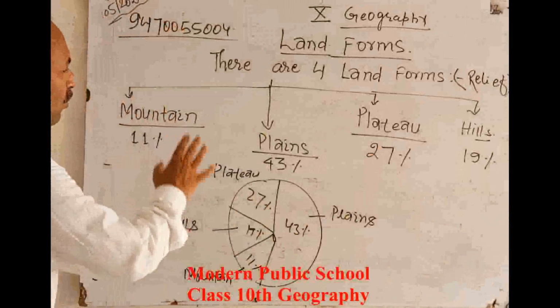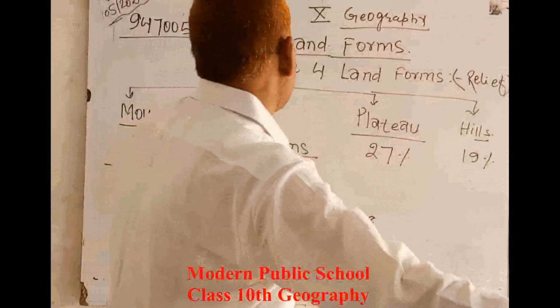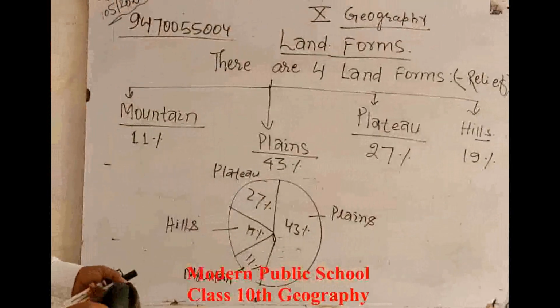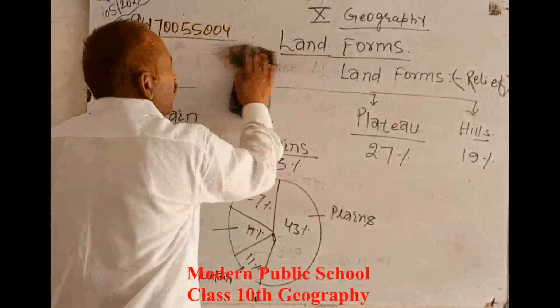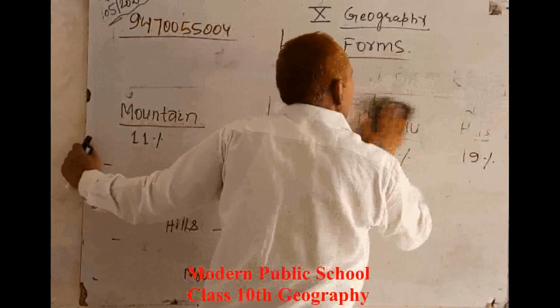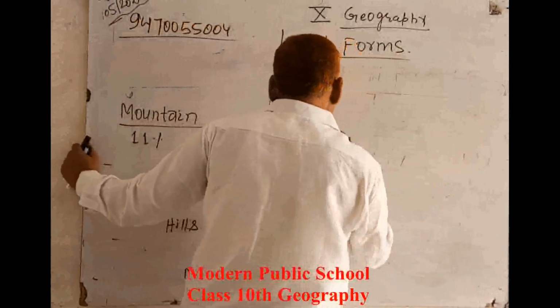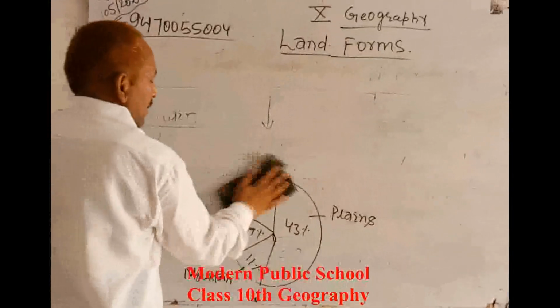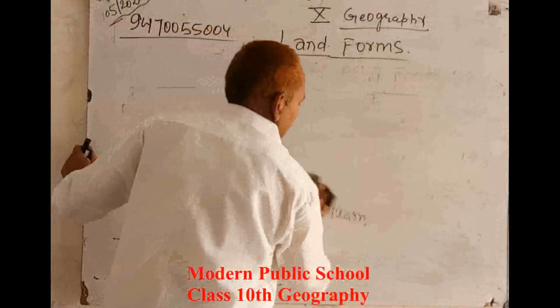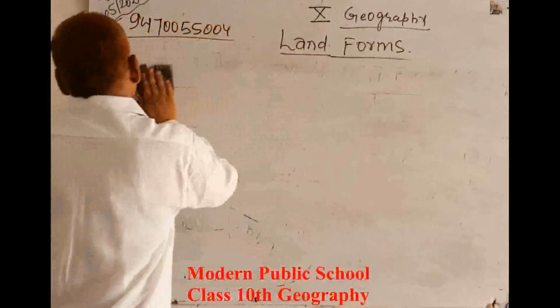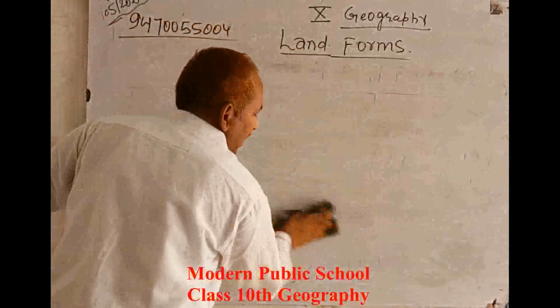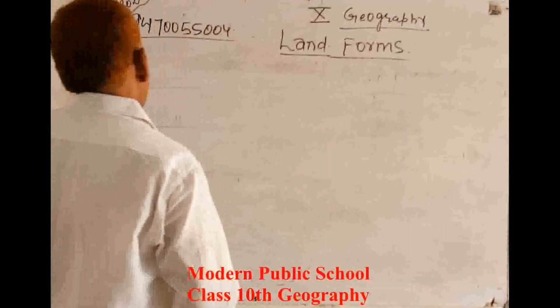Okay, and now we learn what are the features and how these are important for us. अब हम एक और टेबल बनाएंगे और उस टेबल से हम इसको समझेंगे कि what are the features of the landforms for human beings. Okay, now make this table.